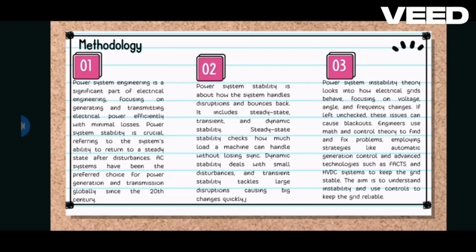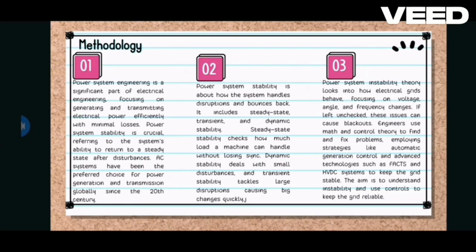The power system stability definition is how the system handles disruptions and bounces back. It includes steady state, transient, and dynamic stability. Steady state stability checks how much load a machine can handle without losing sync. Dynamic stability deals with small disturbances, and transient stability tackles large disruptions causing big changes quickly.